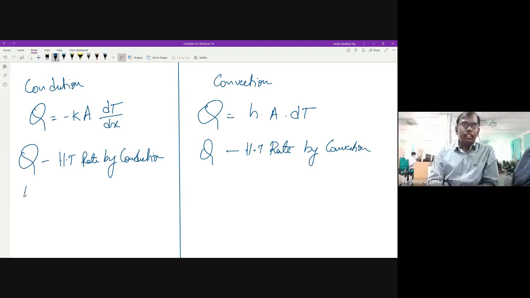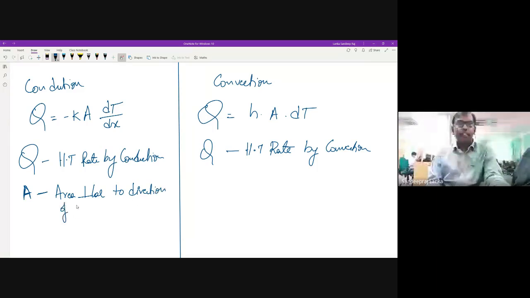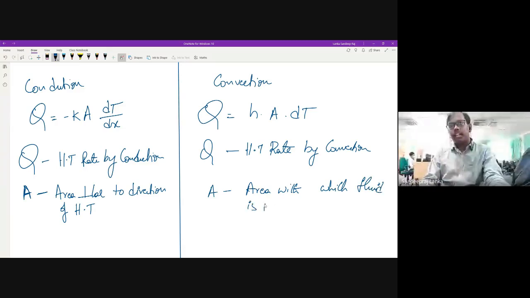And then here, this is a very important thing that you should remember. Area is the thing most students confuse. Area on the conduction side is the area perpendicular to the direction of heat transfer. Whereas here, the area is the area with which the fluid is interacting.